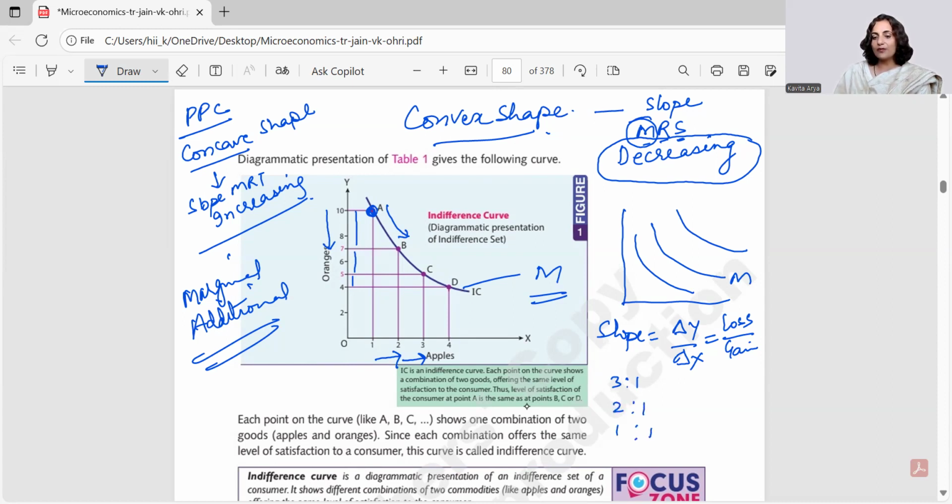Means the loss of y is 3 and the gain of x is 1. Loss of y is 2 and the gain of x is 1. It means we have this trend of MRS. And what is this? This is falling or decreasing, right? And because of this decrease only, we get to have the convex shape.